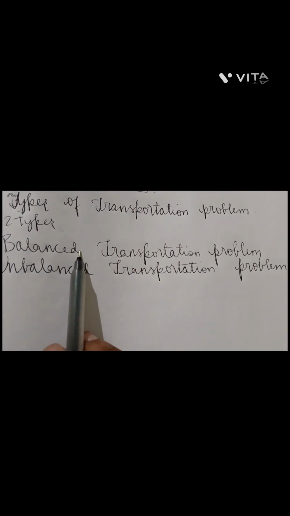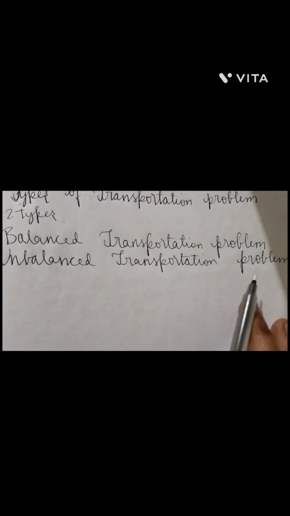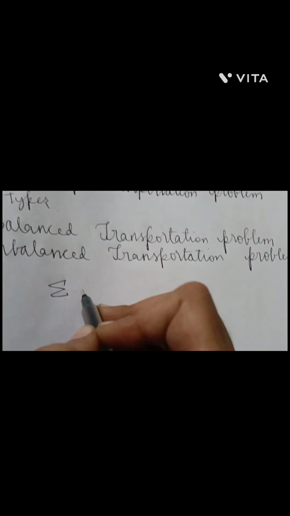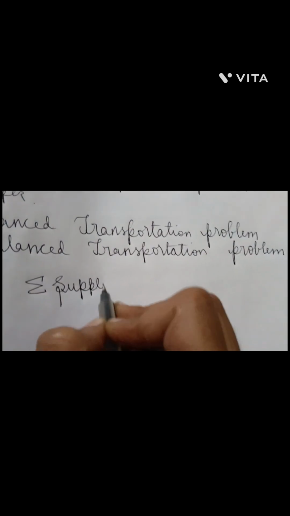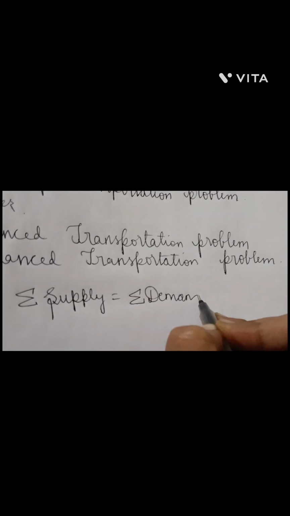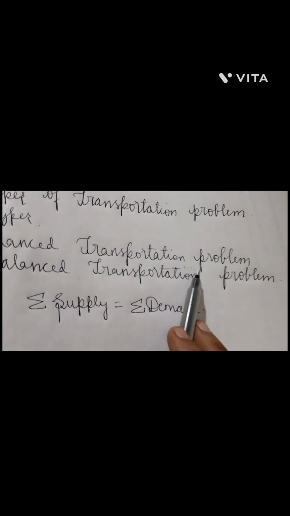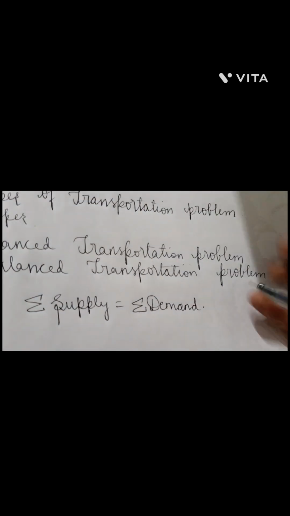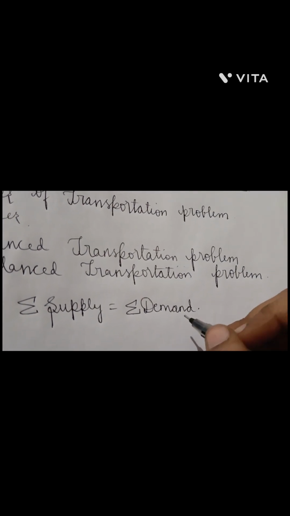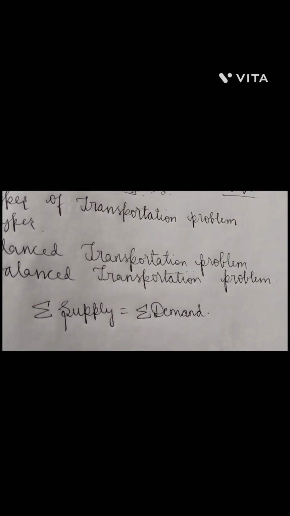A transportation problem is said to be balanced when the total supply from all the sources is exactly equal to the total demand at all the destinations. At that time, it is said to be a balanced transportation problem. In simple words, whatever goods we have available can exactly satisfy all the requirements, with no extra and no shortage.